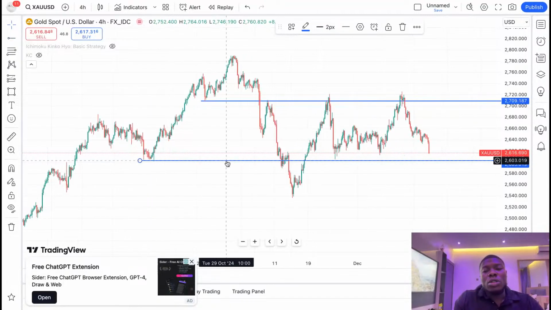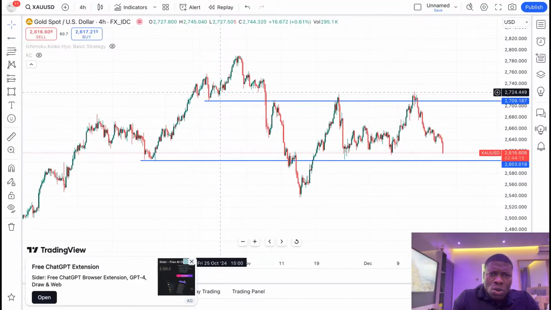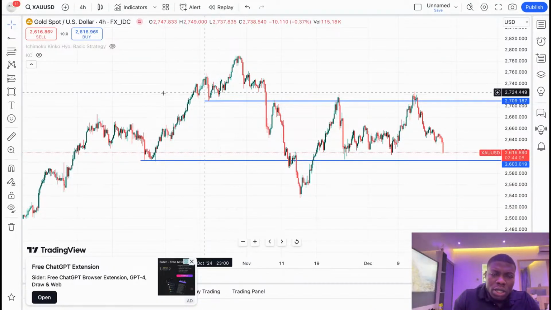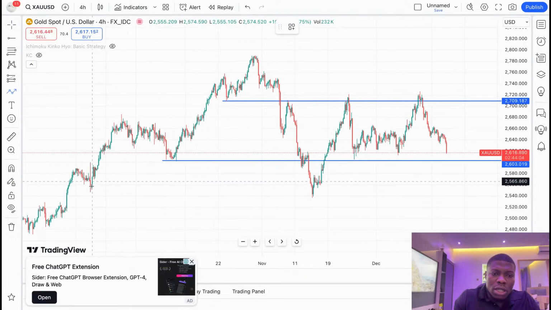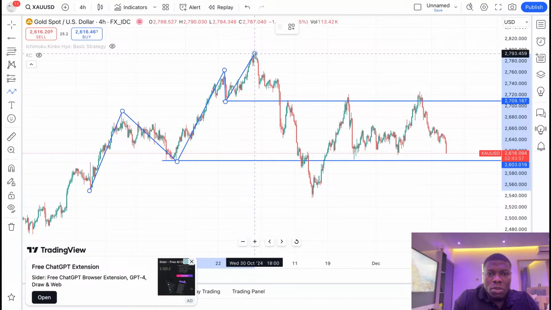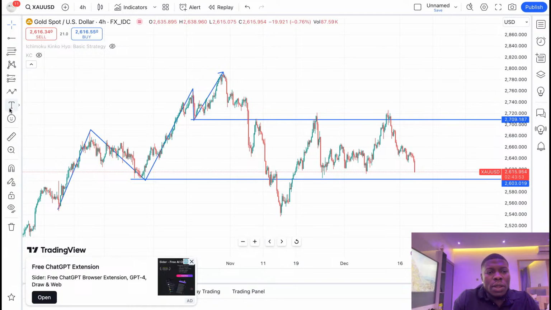Okay, so this was the last swing low on gold. If you're yet to understand what a swing means, this is a swing. So a swing, it's okay.